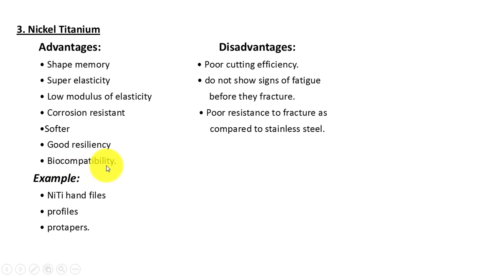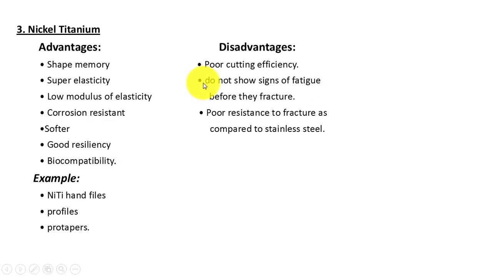And biocompatibility means no harm to the body, no allergy, nothing. Disadvantages are poor cutting efficiency compared to stainless steel, and they do not show signs of fatigue before the fracture.